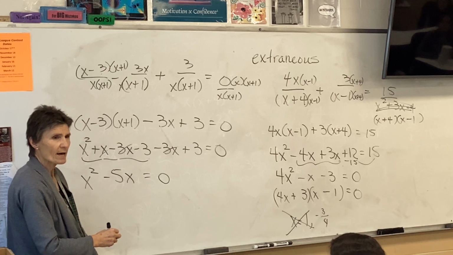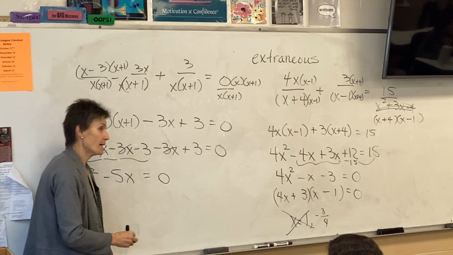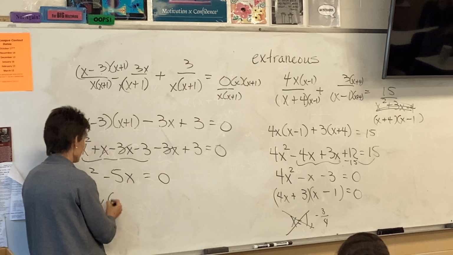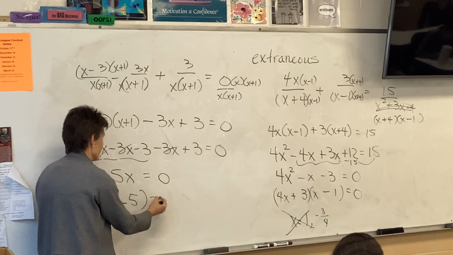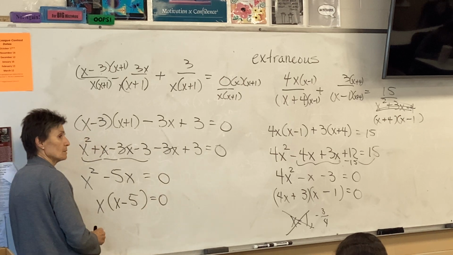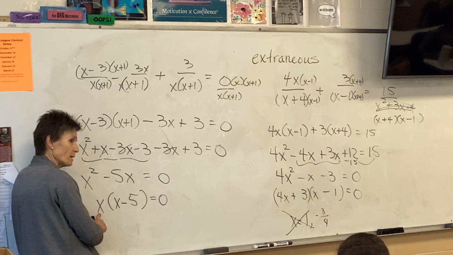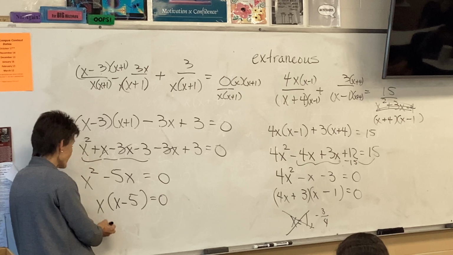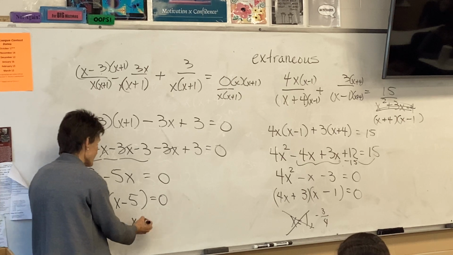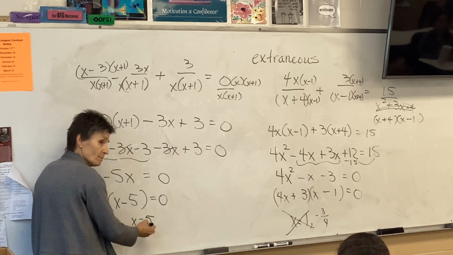Can I factor that? Take an x out, GCF. And then set both of these equal to 0. So what does a plain x mean? x equals 0 or x equals 5.